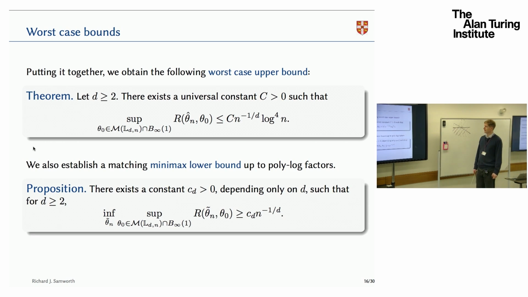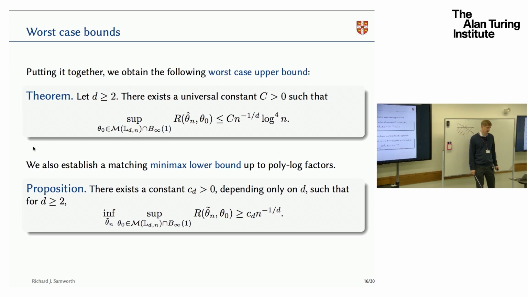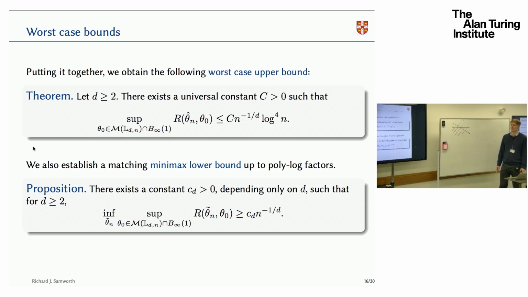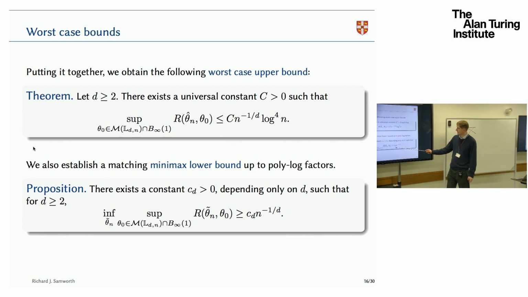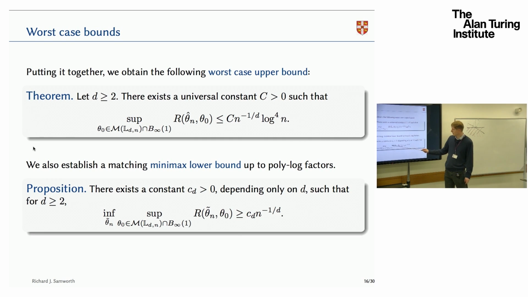And moreover, you can't beat this result in a certain sense. So if you forget about the polylogarithmic factors, then here's a minimax lower bound. Who's familiar with minimax lower bounds? So here it's the same sort of supremum, but here's an infimum over all estimators.